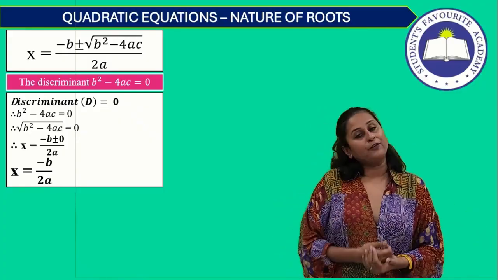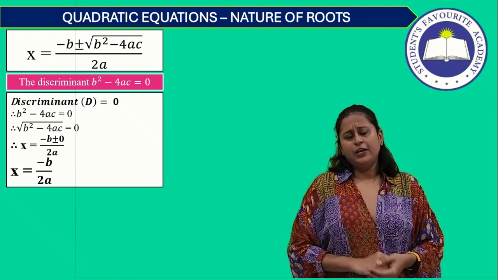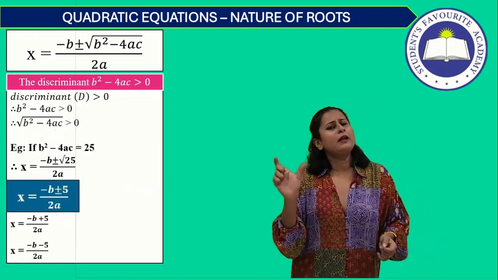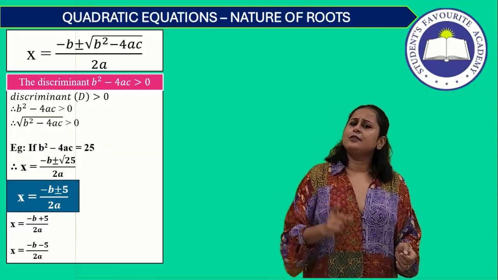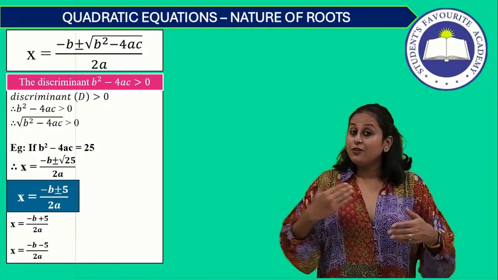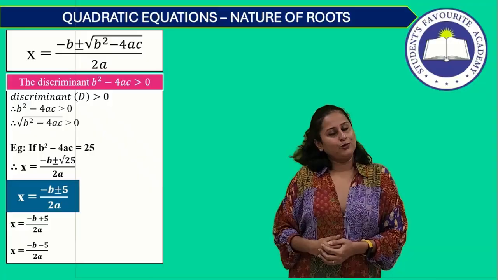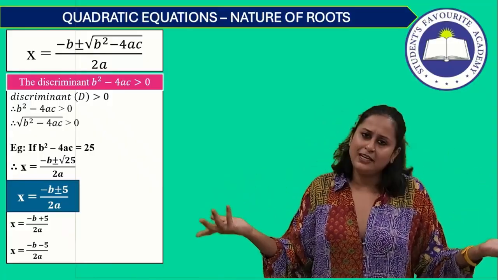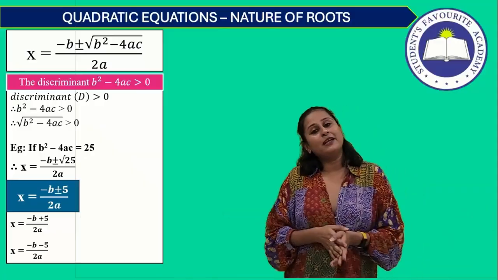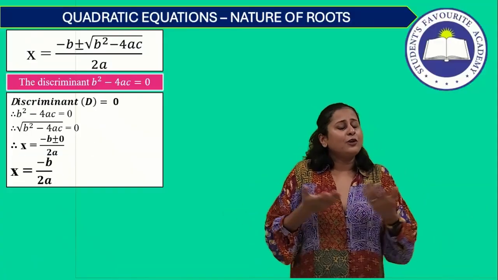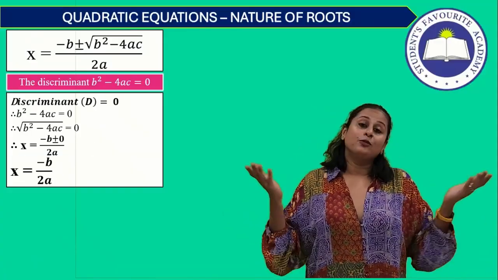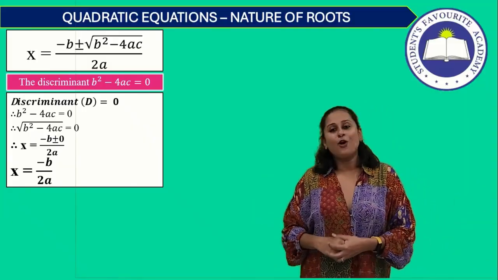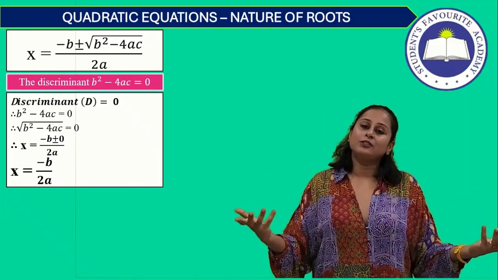What if the discriminant, b square minus 4ac, is a positive number? So we are now looking at the nature of roots. The first nature, what did we see? That if b square minus 4ac is 0, then the square root of b square minus 4ac is also 0. So it does not really add up. So we get a perfect square, which means we get only one unique value of x for which the quadratic equation is satisfied.